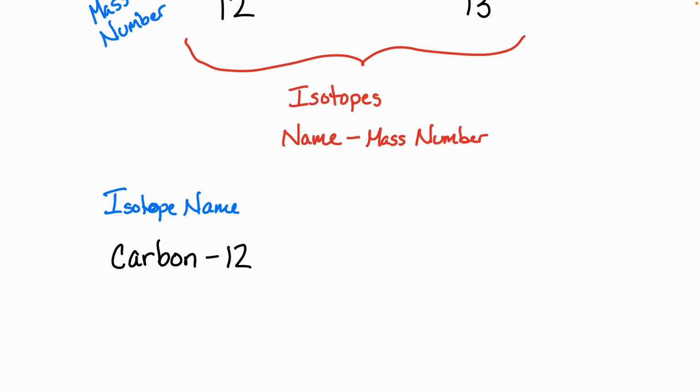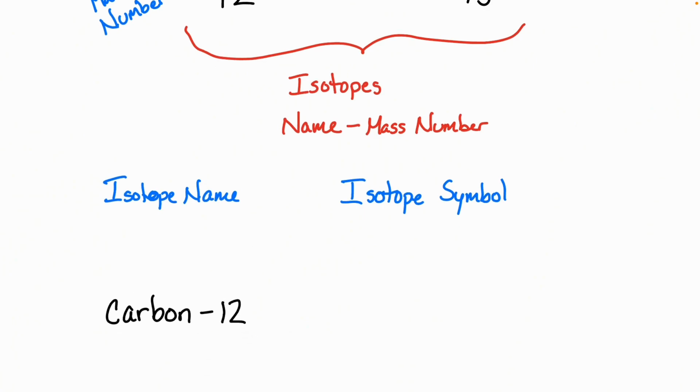And we can also refer to a specific isotope using a symbol. Again, we have the shorthand that we use to reference our elements on the periodic table, the symbols. We can do the same thing if we're talking about a specific isotope. In the same way that the isotope name was name dash mass number, when we do our symbol, we use the symbol for the element.